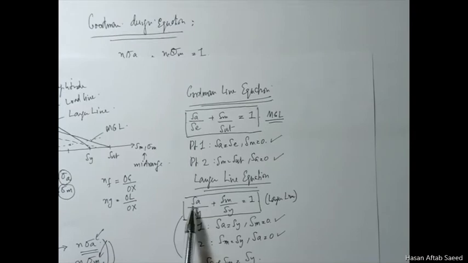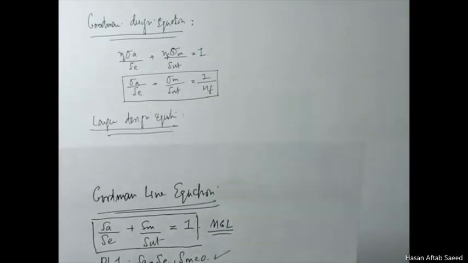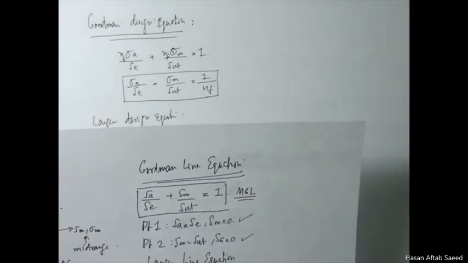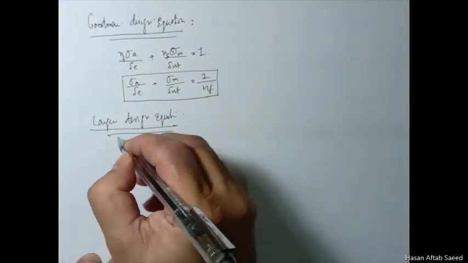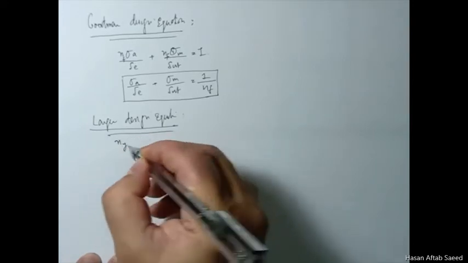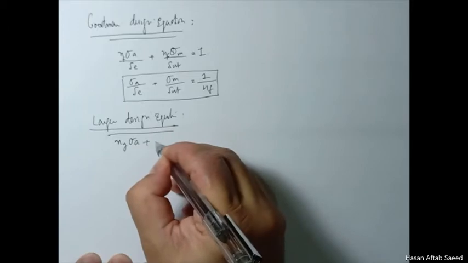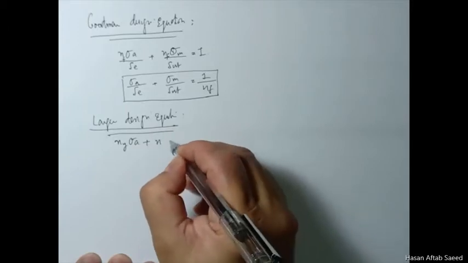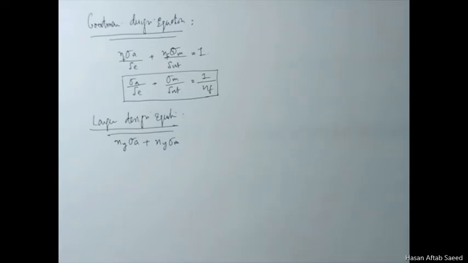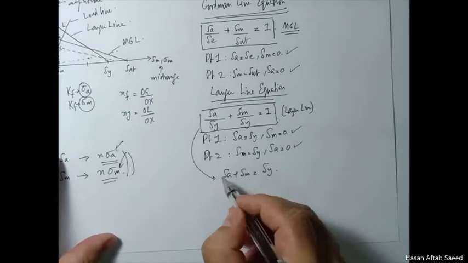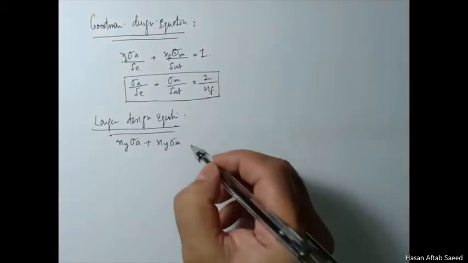In this case again we replace SA by n sigma A and SM by n sigma M, and again here we will use a subscript y for yielding. This is an easier, simpler equation, so I'm basically using this equation.